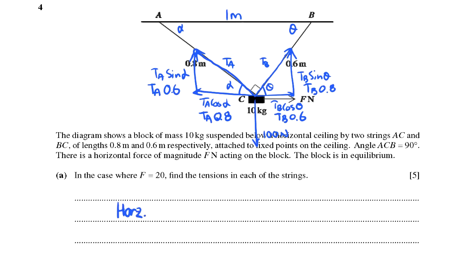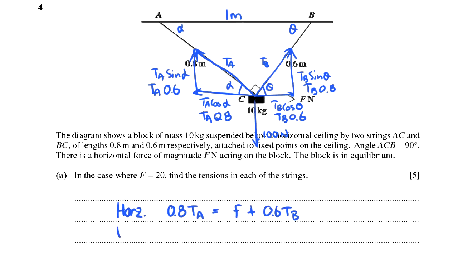The horizontal force going left is 0.8 TA, and that's the only force going left. So forces going right is going to be F plus 0.6 TB. Because it's in equilibrium, forces right have to equal forces left.